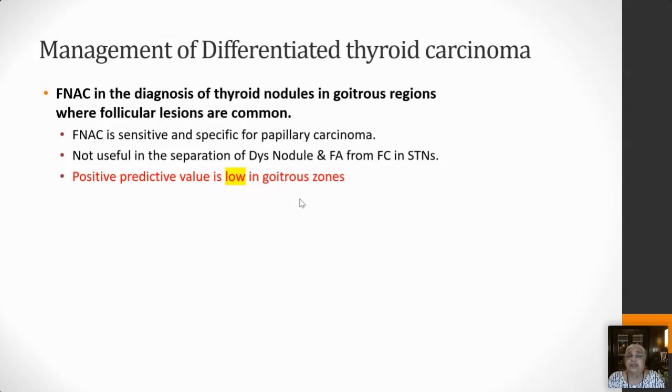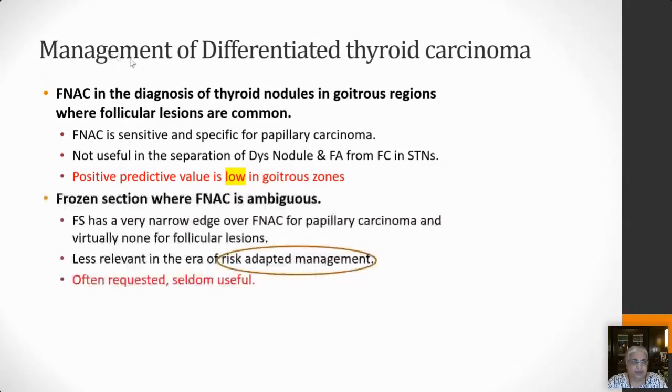So remember this: the value of FNAC should be interpreted not from simple things like false negative and false positive. It should be interpreted with the negative predictive value and the positive predictive value.